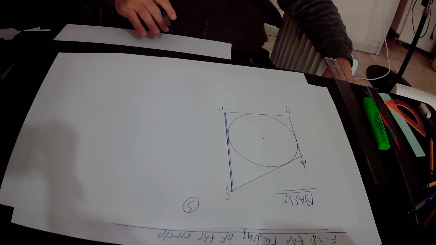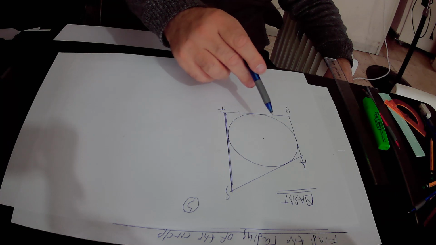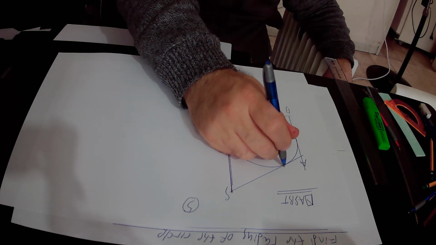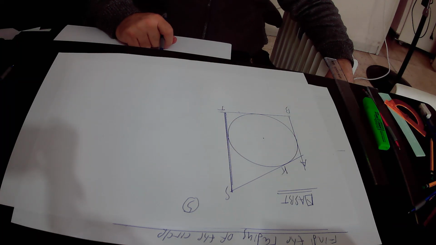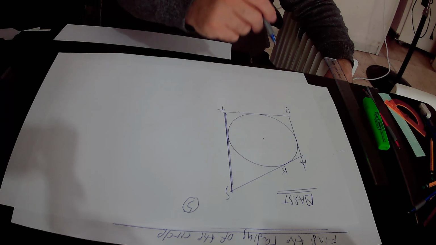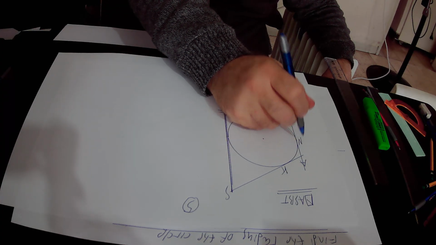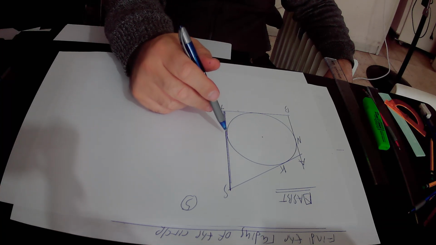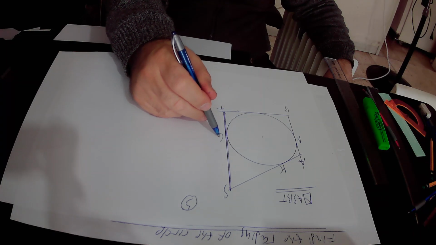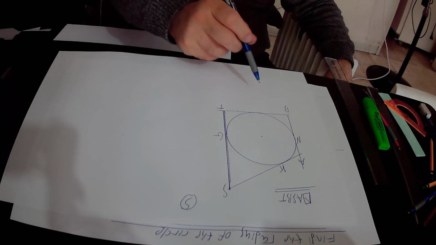So first of all, we define the point of tangency of tangent AS with this circle as K. We define the point of tangency of tangent AB with this circle as N. We define the point of tangency of tangent ST with this circle as G. And finally, we define the point of tangency of tangent BT with this circle as H.